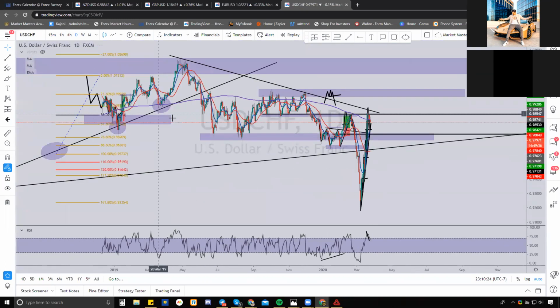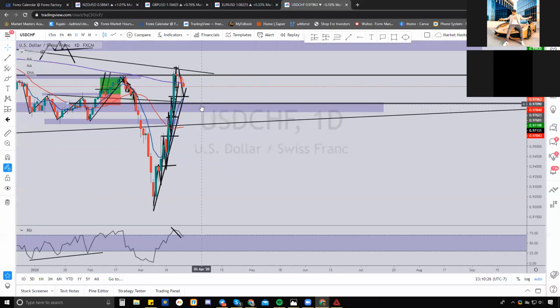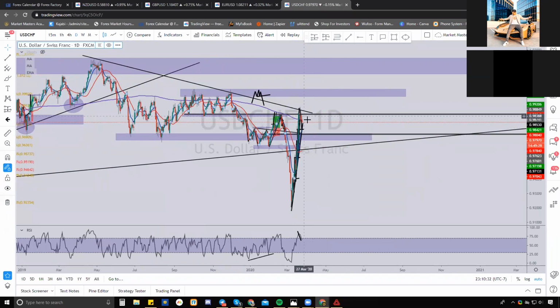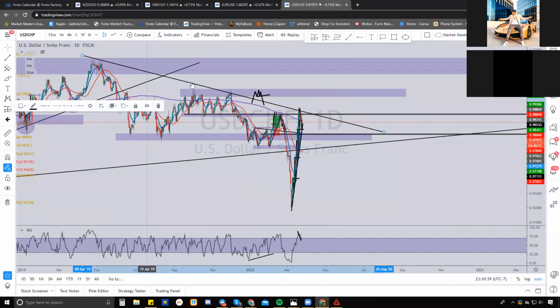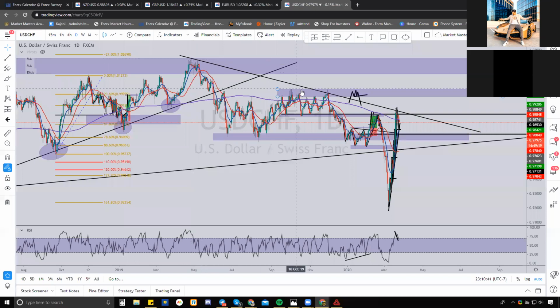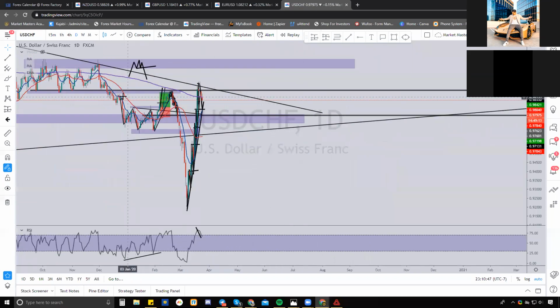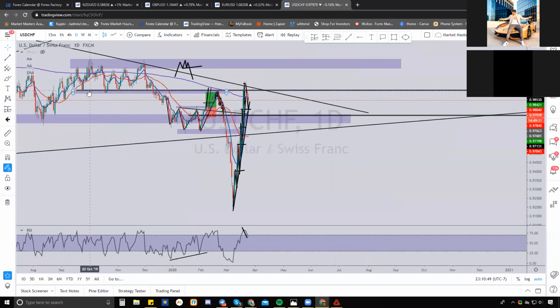We can expect a downfall to around this zone, being that it's a major area where it'll come down, hit this area, and then just continue going up. You can see this resistance line that I drew, from this high to this high, and then it reacted off of this high over here, coming down.